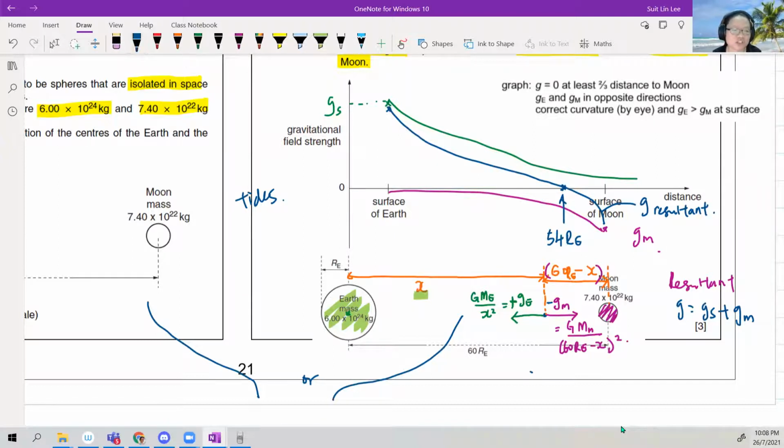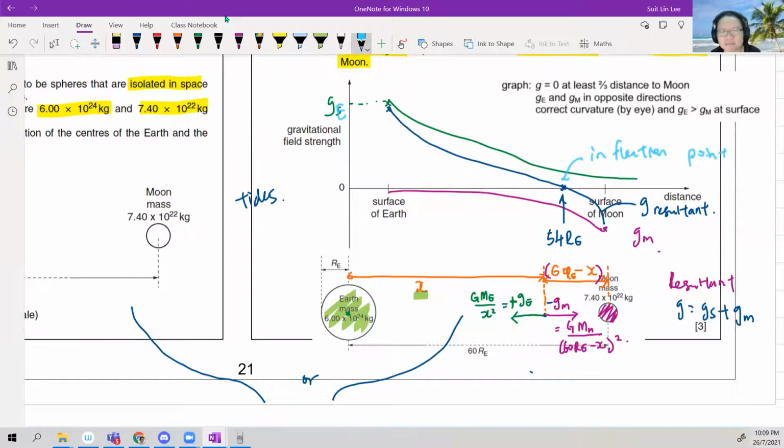So the correct curvature is decreasing gradient, minimum gradient, increasing gradient, not zero gradient. This is in maths. We call this the inflection point, labeled I. And then this GE at the surface is bigger than GM.